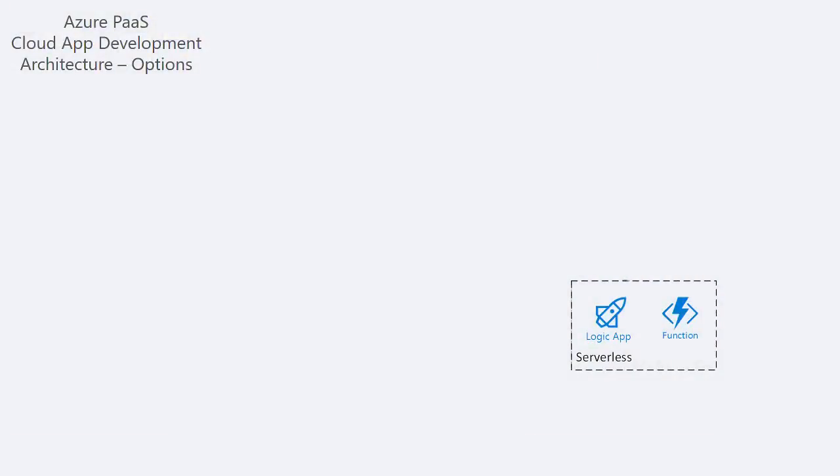As I say, we've got a number of different PaaS services within Azure to host your application code. We're going to start by looking at the serverless options, and in particular looking at logic apps and functions. So serverless has been getting a lot of attention with the customers I've been talking to recently, and for good reason. The whole idea about serverless is I don't have to worry about servers.